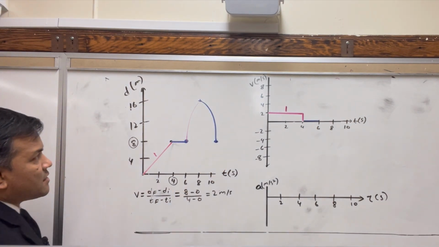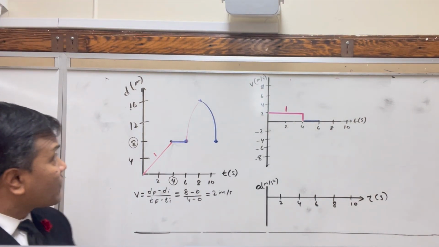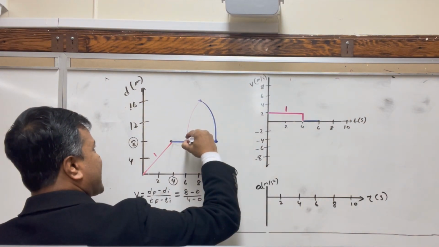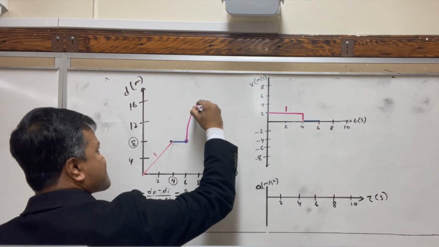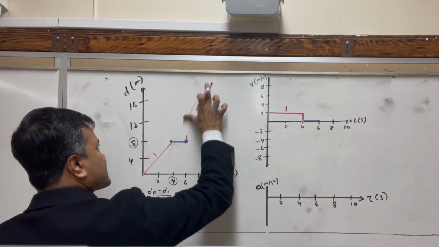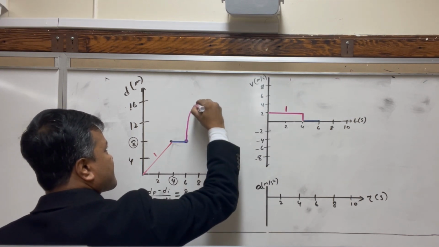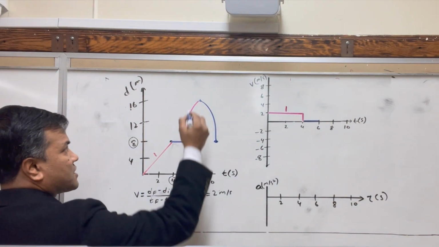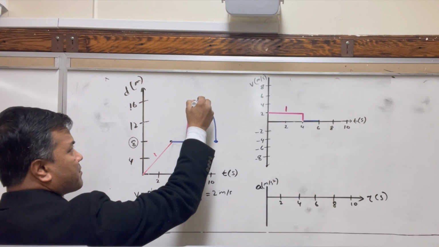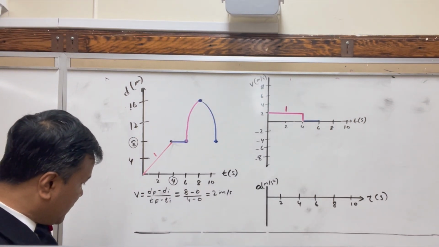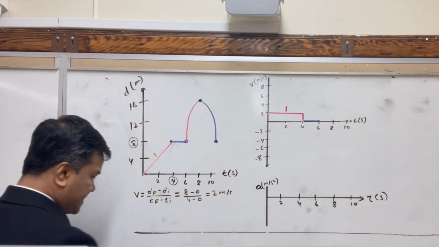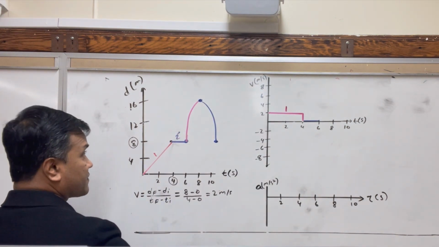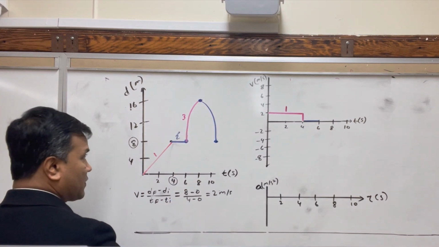So what does that mean? In this part the object is of course accelerating. I made it worse, I'll try to make it a little better. Okay, good. This is the top. Now let's find the distance at each location. This is 1, this is 2, this is 3, and this is 4.